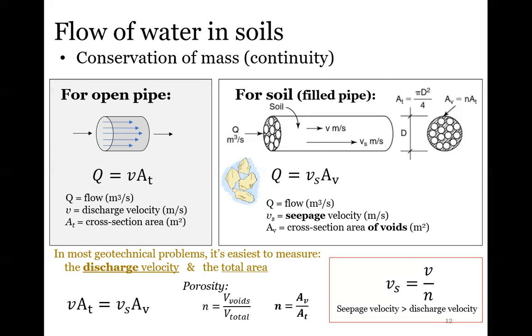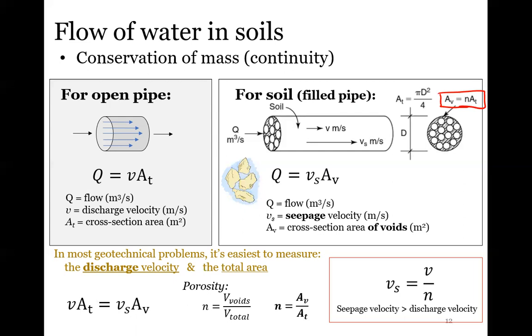You can see our flow area is directly proportional to the porosity. So if we're idealizing a tube with soil in it, the area of open void is equal to the porosity times the total area.